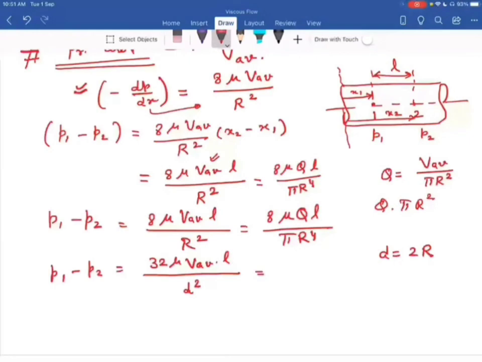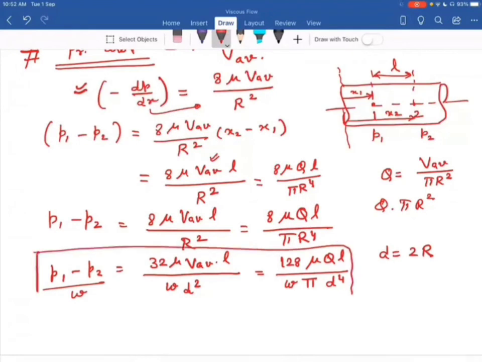Or here R raised to power 4, so in terms of diameter, I can write it as 128 mu QL divided by pi D raised to power 4. So not W, here is only pi. For pressure head, I divide all these terms by W.